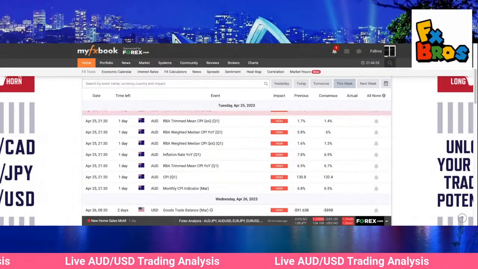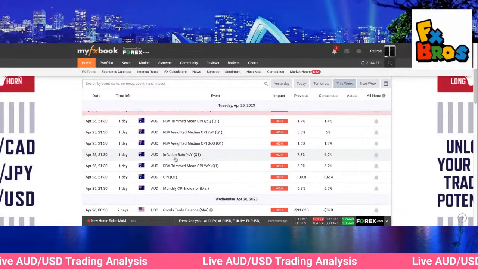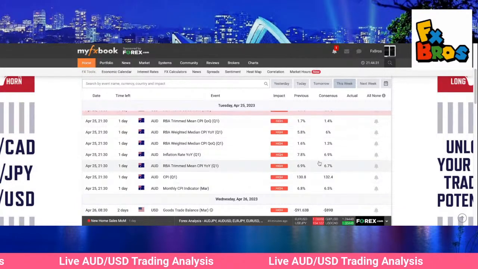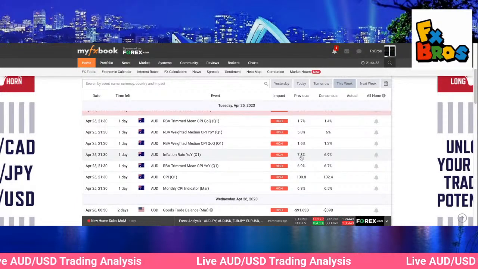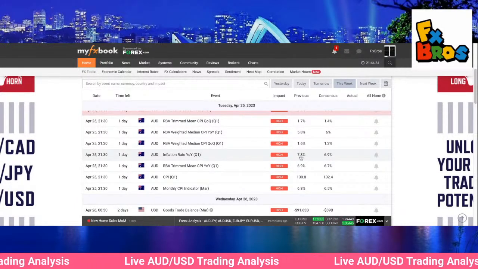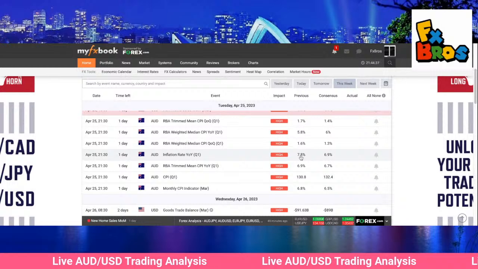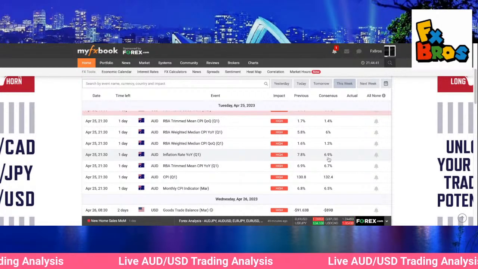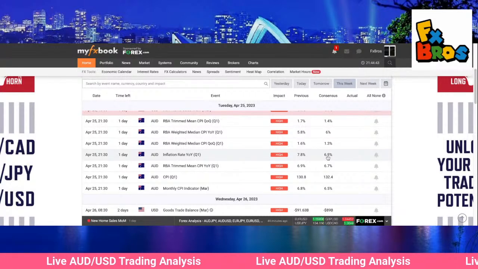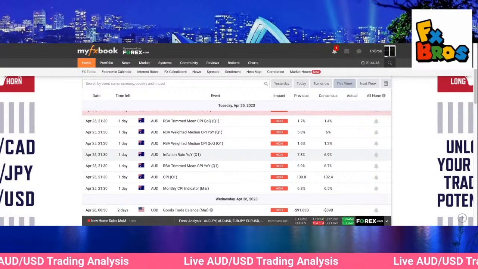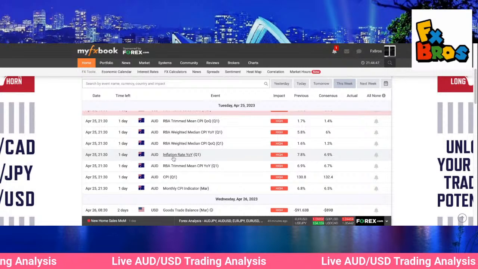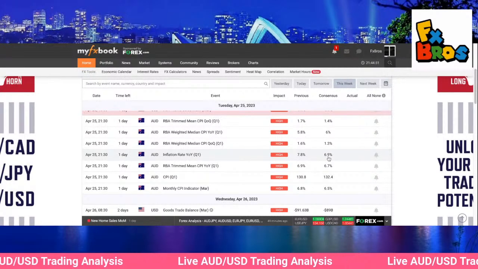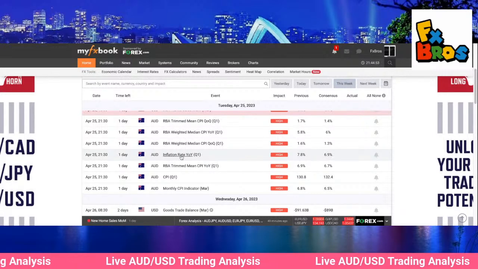Okay, as far as Tuesday, let's talk about the inflation rate. The previous is 7.8. The consensus, they're expecting inflation to be trimmed down to 6.9.